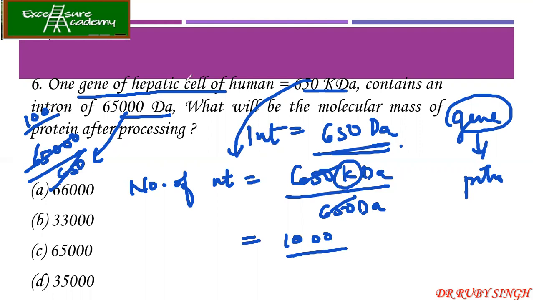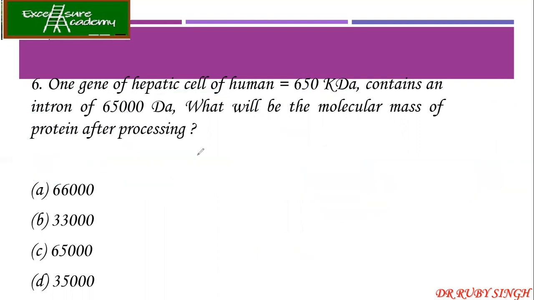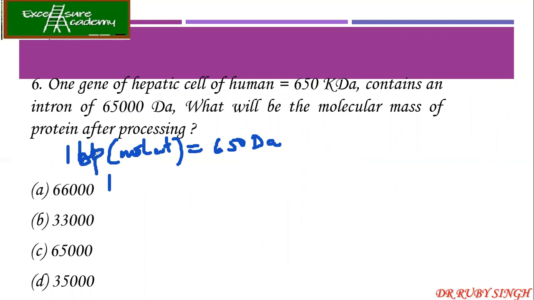Am I making sense? I'll repeat again. I told you to remember: one nucleotide weight is 330, and one base pair weight is 650, if you remember from the previous class.